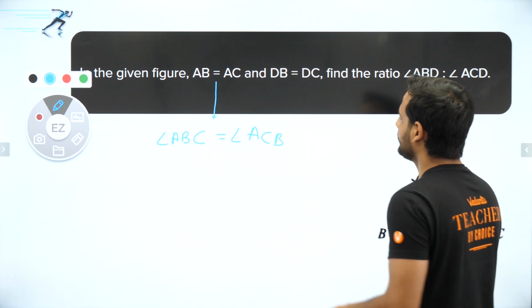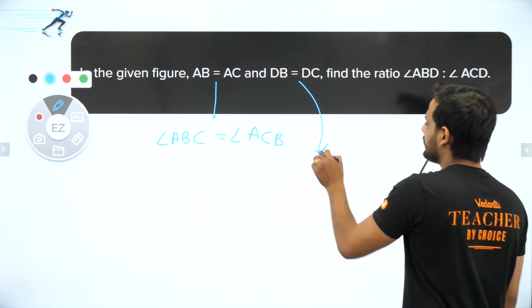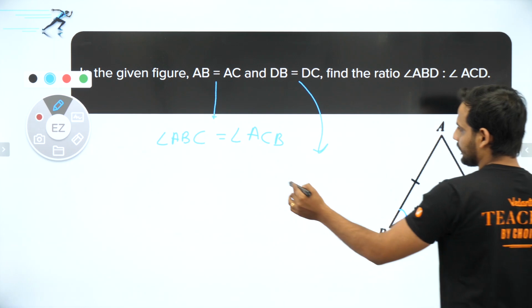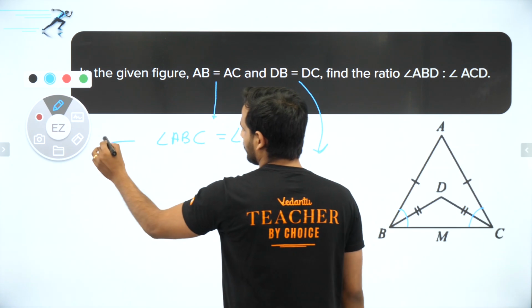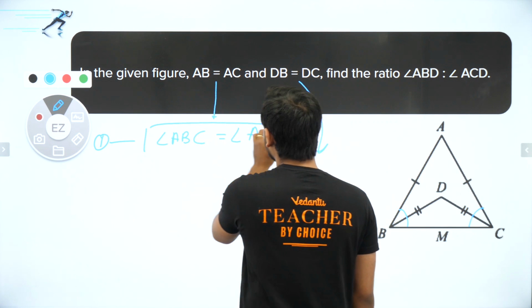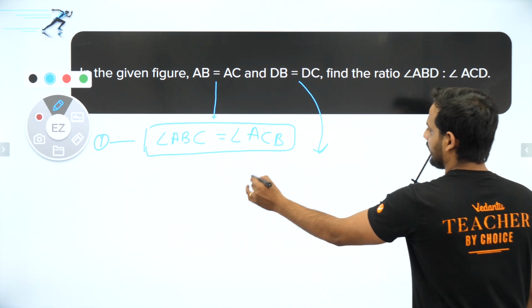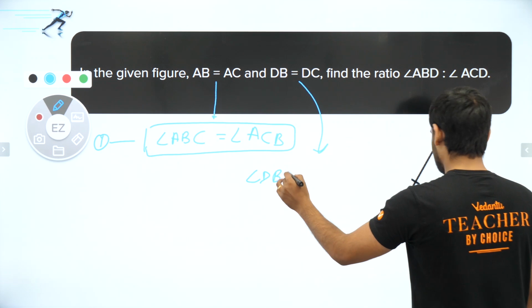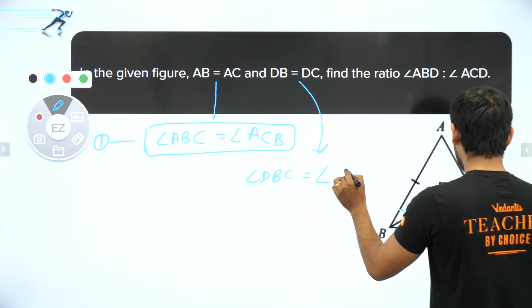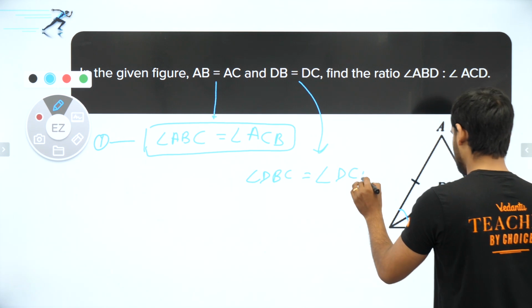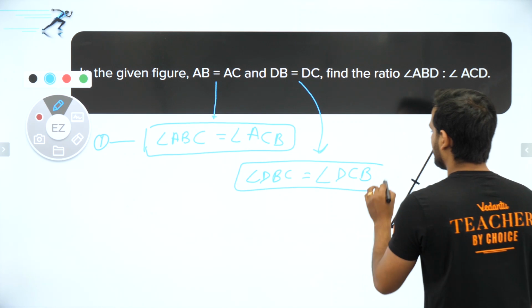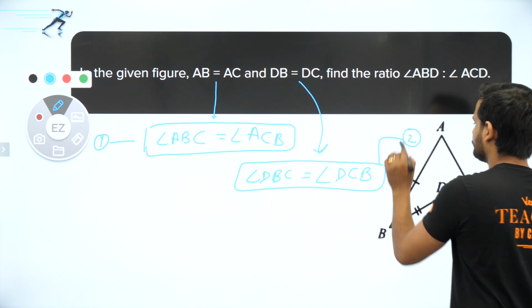Yes, obviously. Let us say this is equation 1. And since DB is equal to DC, I can say angle DBC is equal to angle DCB. Let us say this is equation 2.